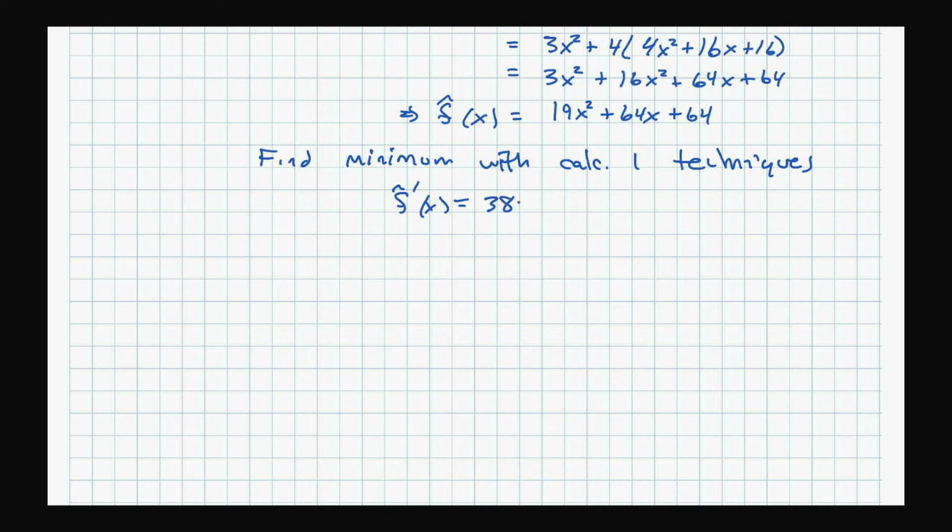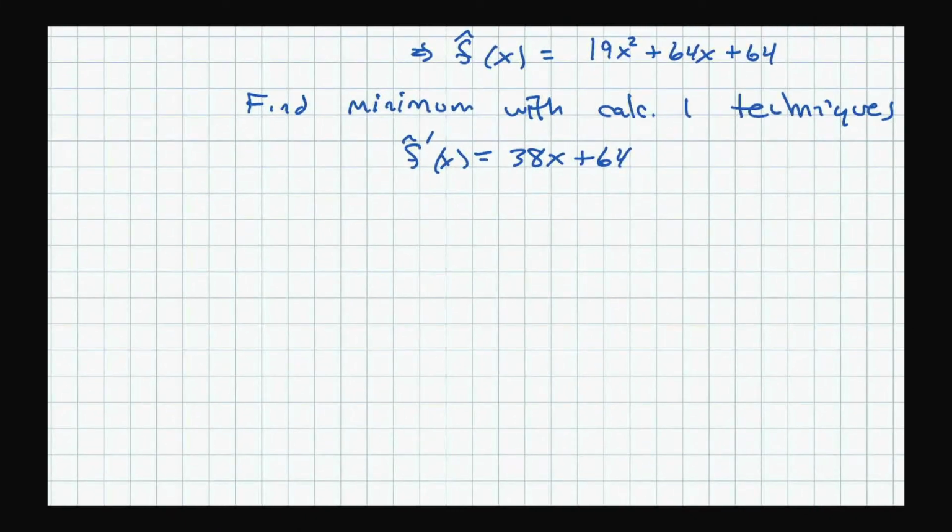So you'd get 38x plus 64 for your derivative, pretty simple derivative. Set it equal to 0. 38x plus 64. Move the 64 over.